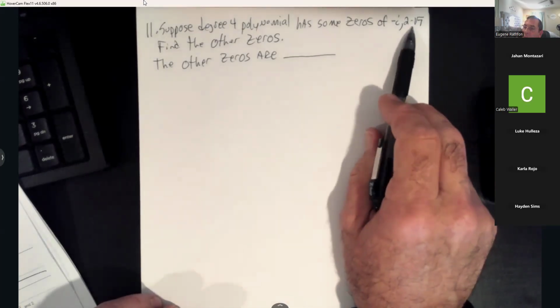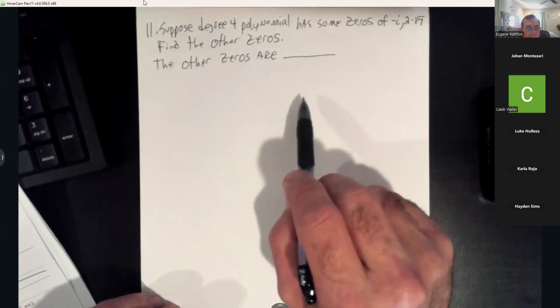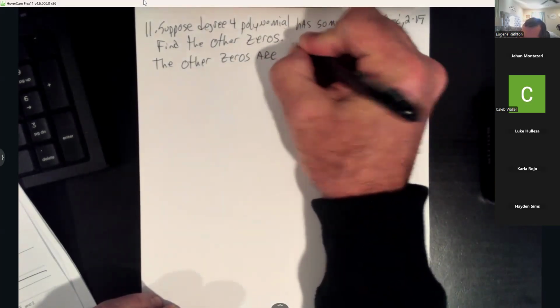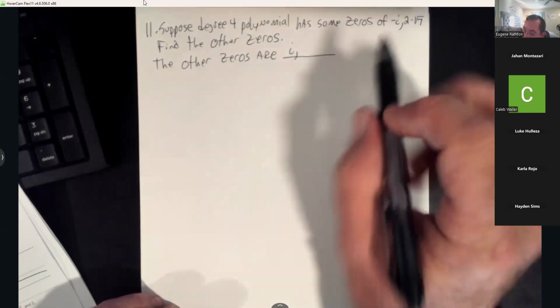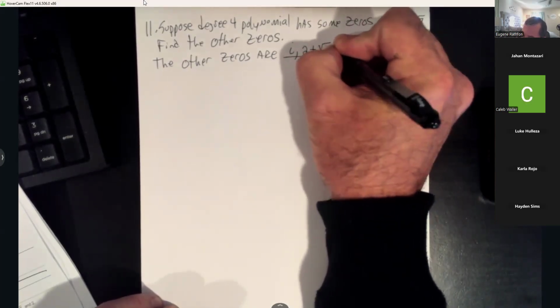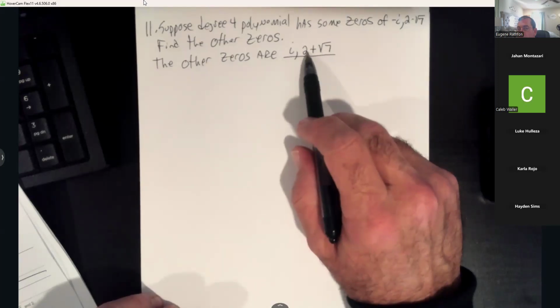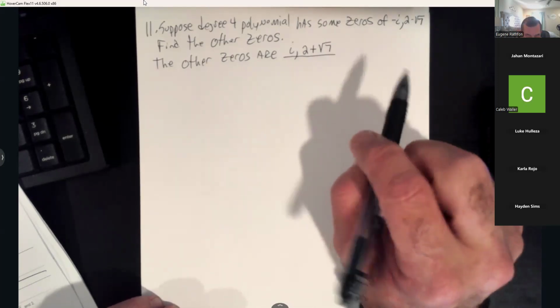And if I got radical zeros, its conjugate would also be a 0. So the conjugate of a negative i would be a positive i. The conjugate of 2 minus square root of 7 would be 2 plus square root of 7. So you don't change the sign on the number 2. You only change the signs of the radicals, okay?